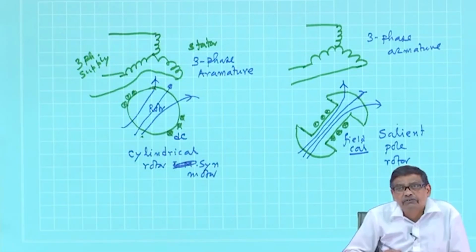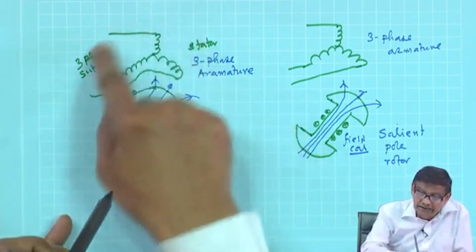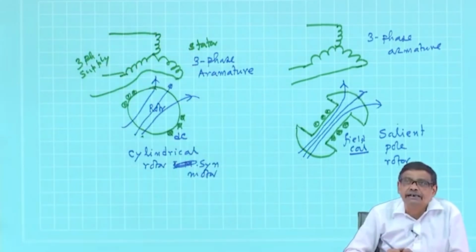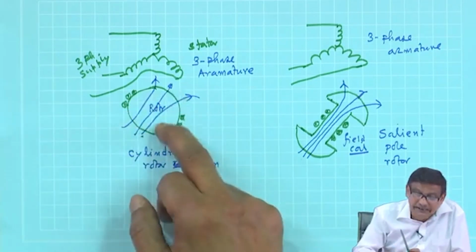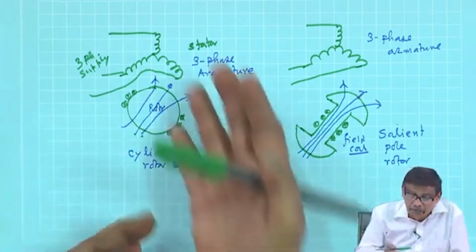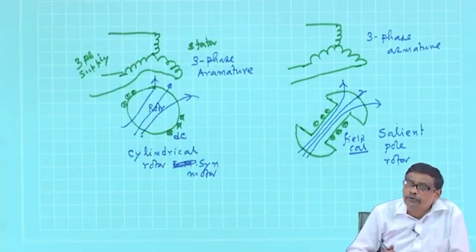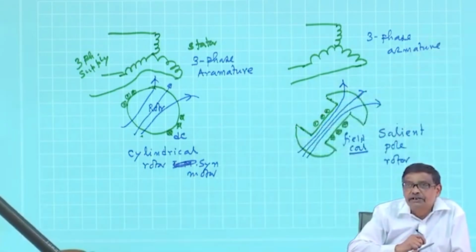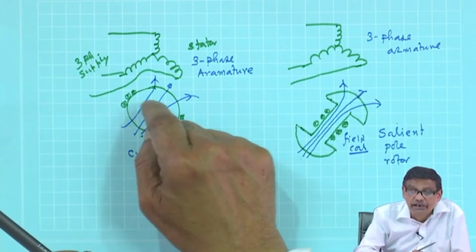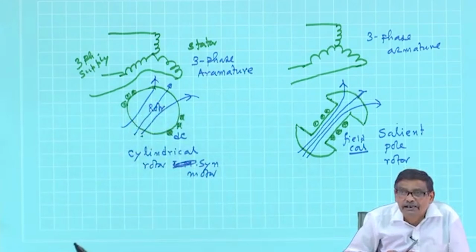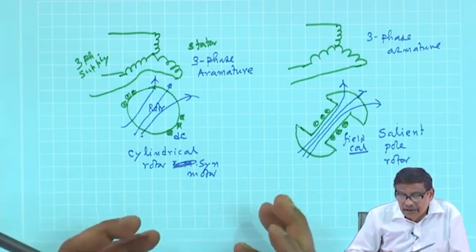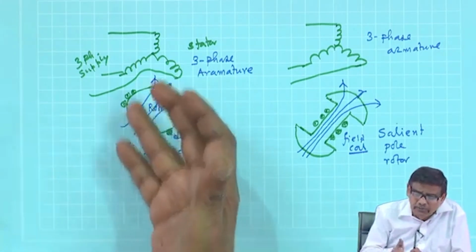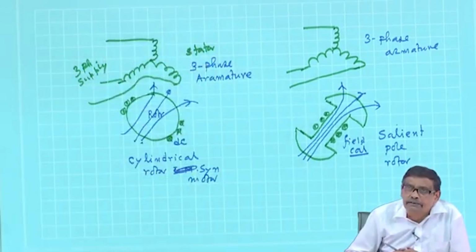Not only that, the armature is the main power carrying winding. Power in the DC excitation coil is very little compared to the total power. Therefore, the size of the slip rings and brushes which will carry the ampere from a stationary supply terminal to the moving rotor coil would be very large. Therefore, only 2 slip ring brush arrangements are needed for field winding, whose current ratings will be much less compared to the armature current rating.